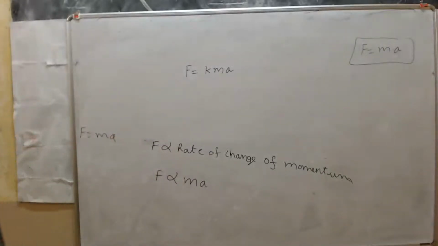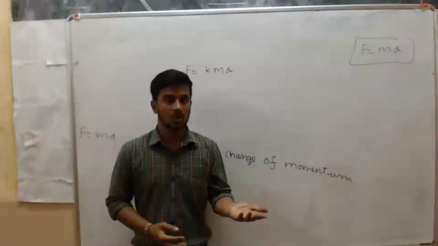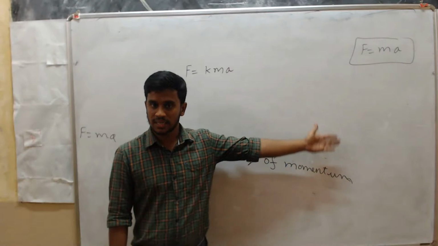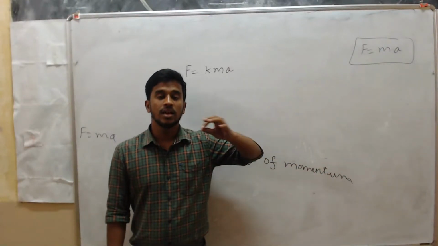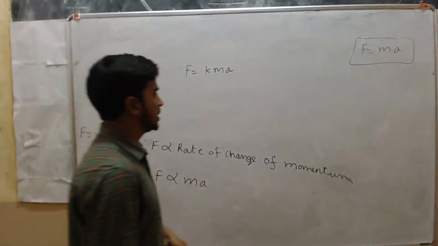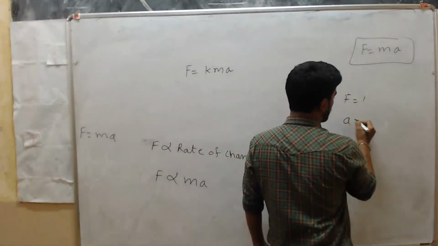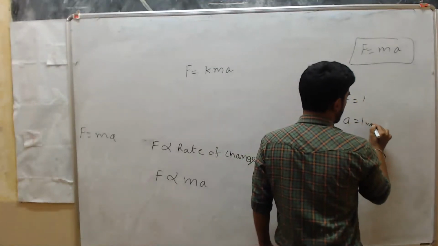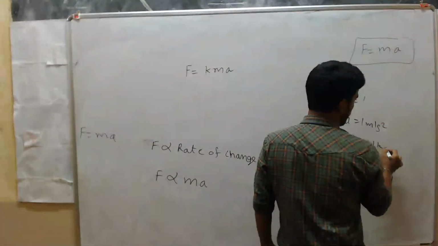So here first we should consider one unit force acting on a body of mass 1 kg, and it produces an acceleration of 1 meter per second square. At that time we will get F equal to 1, a equal to 1 meter per second square, and mass equal to 1 kg.